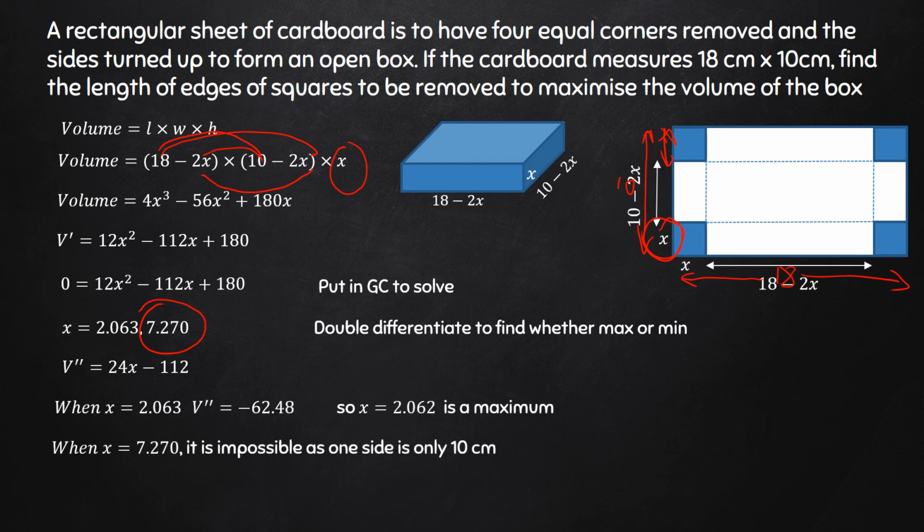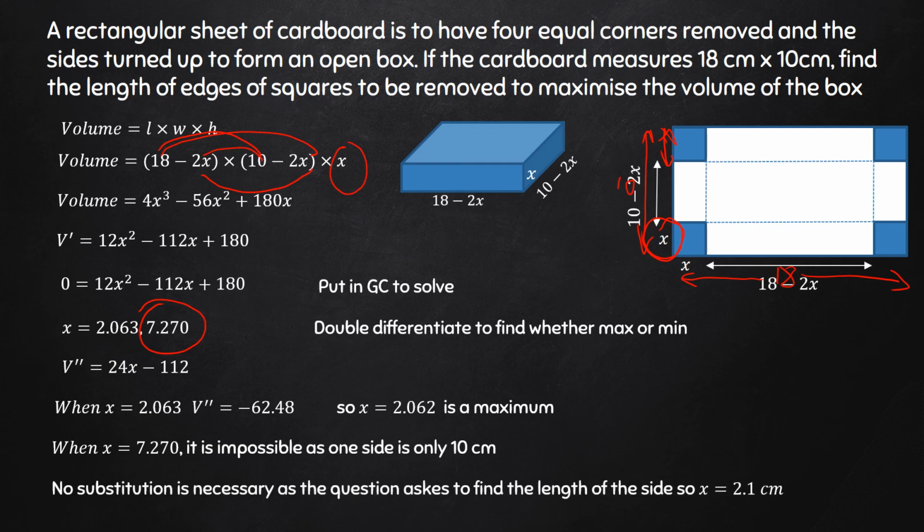This is actually looking at it when it's maximum or minimum. But we know that it's impossible when it's 7.270, so we know that x has to be 2.1 centimetres. And it just said find the length of the edges of the squares to be removed. So we just find our x is 2.1 centimetres. And that's doing optimisation.